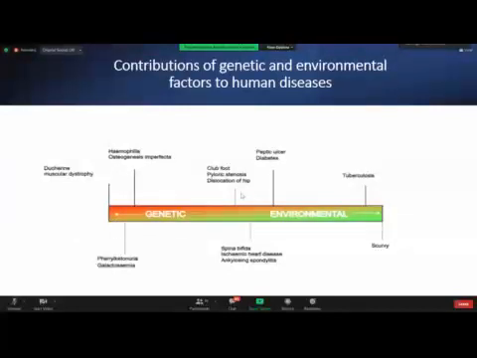But then there are some conditions in the middle of the spectrum, and then we have environmental conditions, which are purely due to the environment, pathogenic diseases like tuberculosis, where genetics does not have much part.